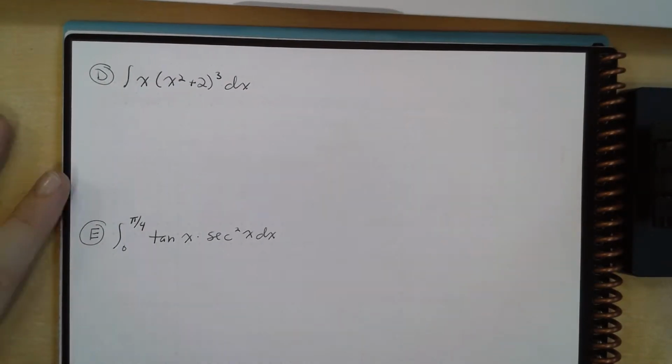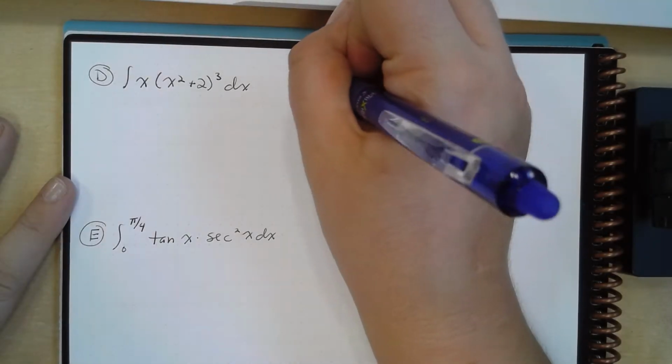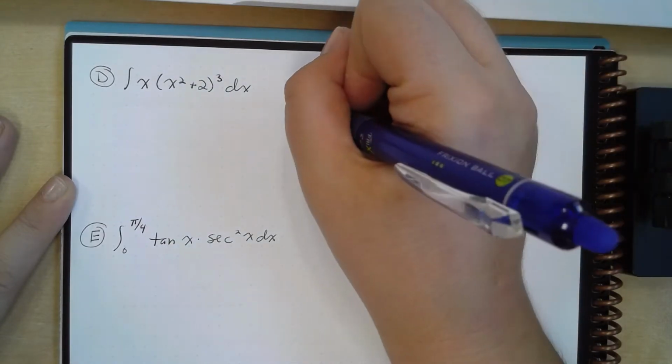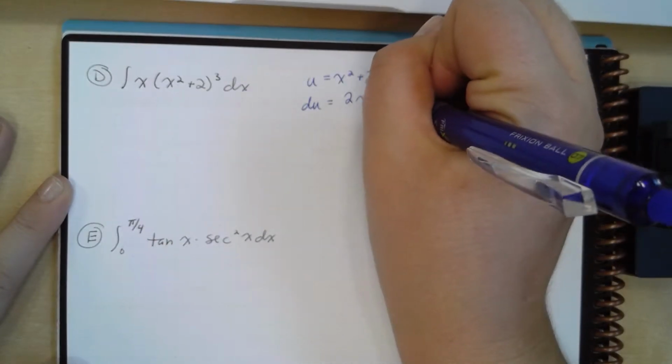Okay, we've got this integral of x times (x squared plus 2) quantity cubed. So I'm going to set u equal to x squared plus 2, and then du is going to be equal to 2x dx.